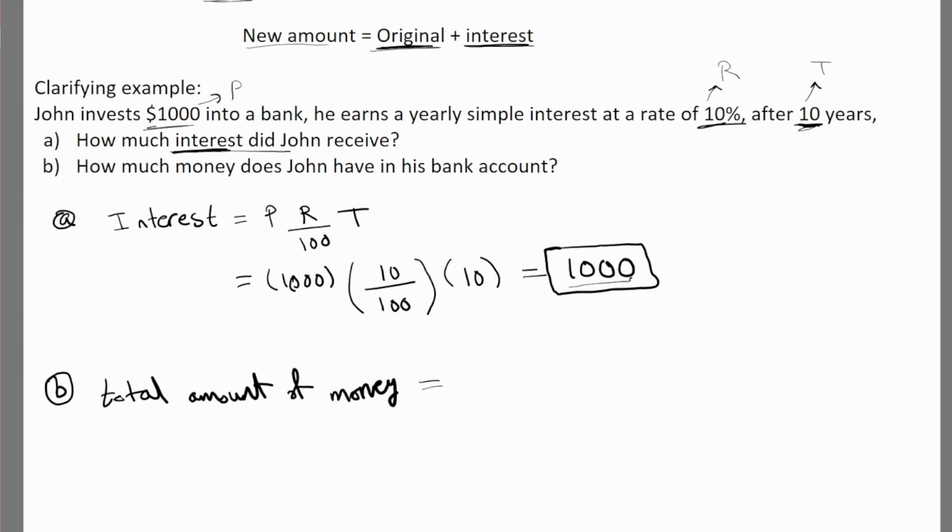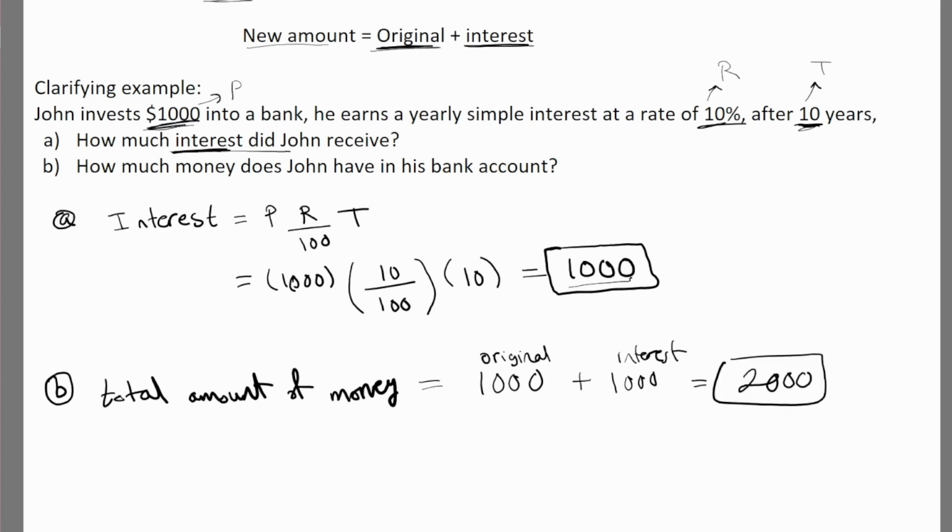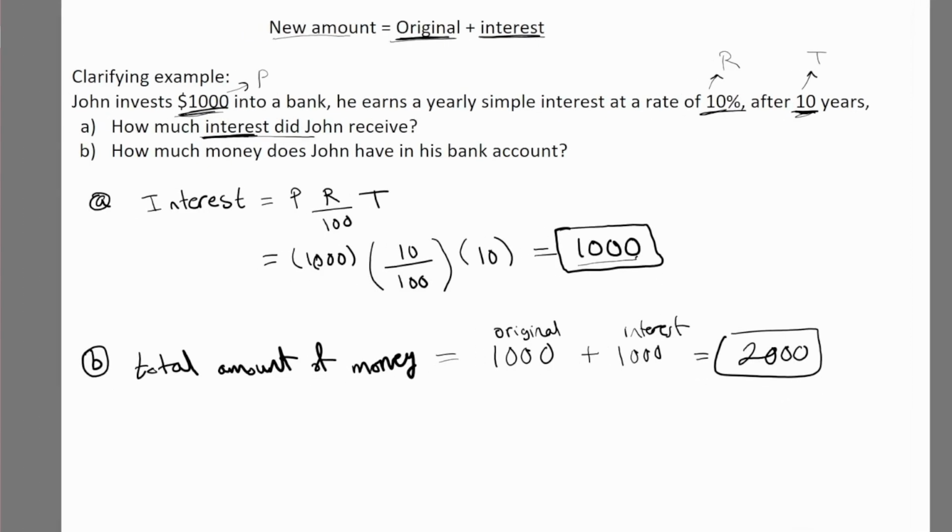And when he first invested, he had already $1,000. So the total will be 1,000, which is the original, plus another 1,000. This is the interest received. So we get $2,000. This is the total amount of money he has after 10 years. Okay, I hope this made sense.